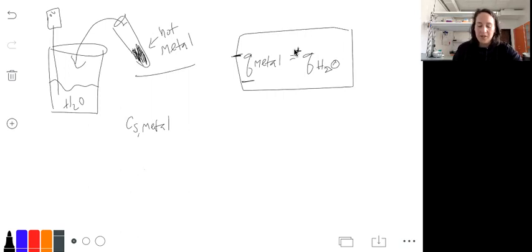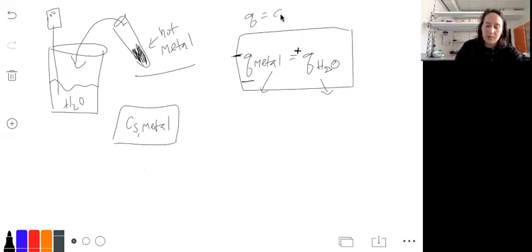So you need to solve for the specific heat capacity of the metal. This time, we're going to expand out both of these Q's, knowing that Q is equal to specific heat capacity times mass times change in temperature. We just have to keep our subscripts in order.